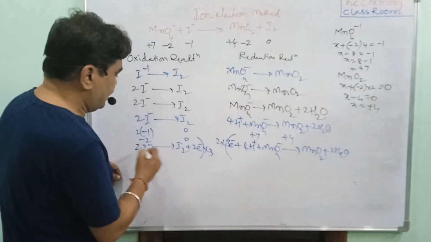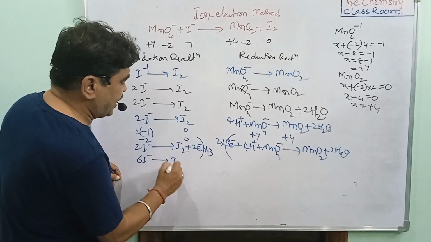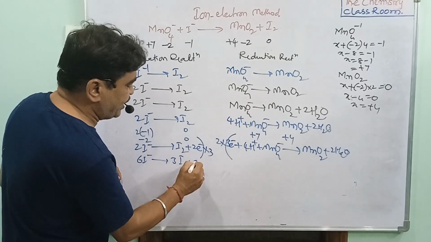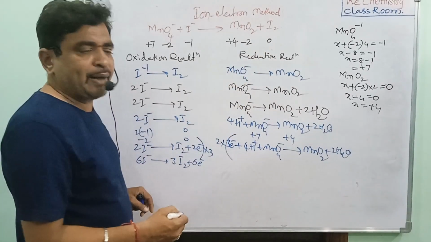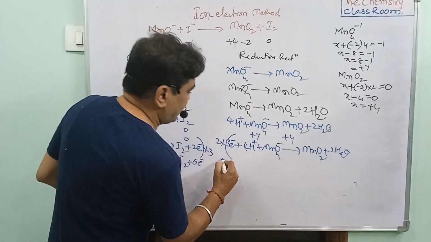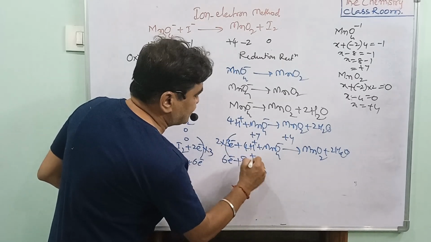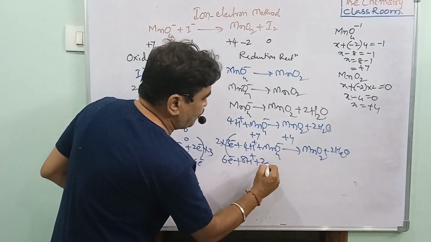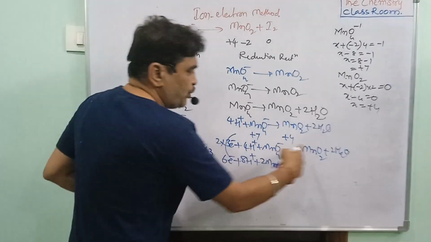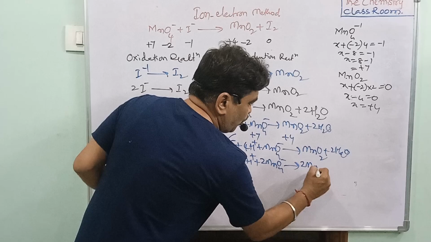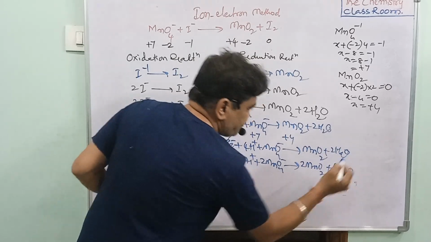So 3 into 2 is 6I-, that gives rise to 3I2 plus 6 electrons. Similarly, I am multiplying by 2 to this equation: 2 into 3, 6 electrons, plus 2 into 4, 8H+, plus 2 MnO4-, that gives rise to 2 MnO2 plus 2 into 2H2O, which is 4H2O.